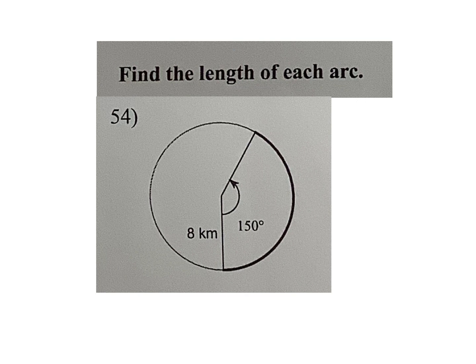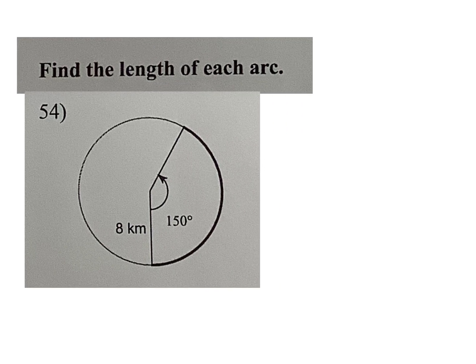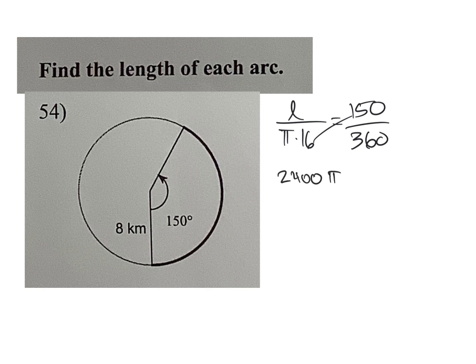Same thing on this one. Let's just go ahead and move everything over. The arc length is to the circumference, which is pi times the diameter of 16, as the degree is to the total degree. And we're going to solve this the exact same way. So what we want to do at this point is take 16 times 150. That's 2,400 pi equal to 360L. Divide off the 360.